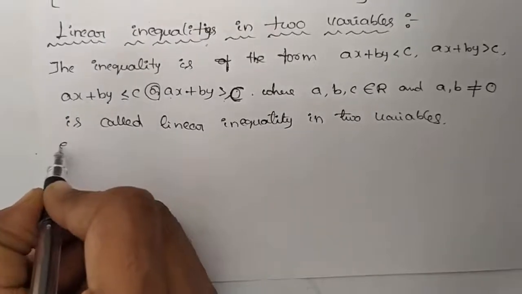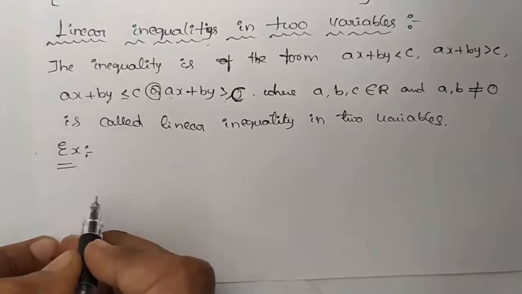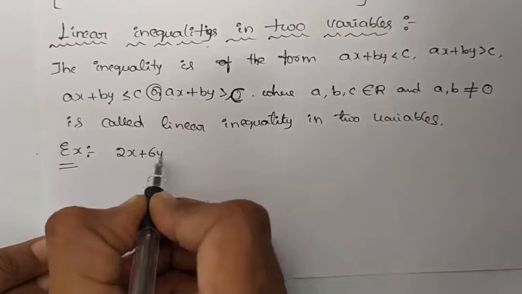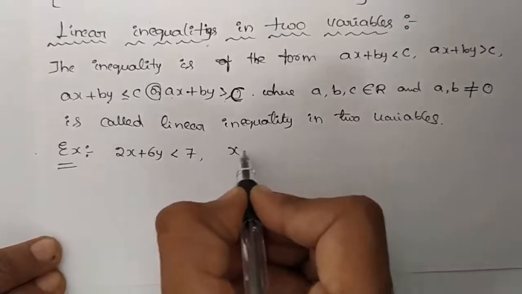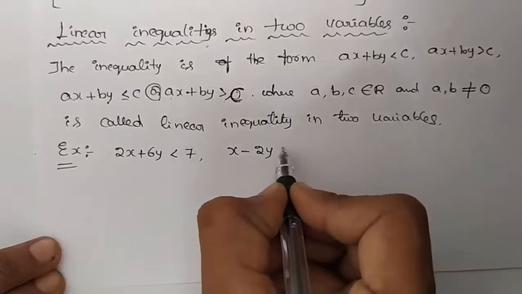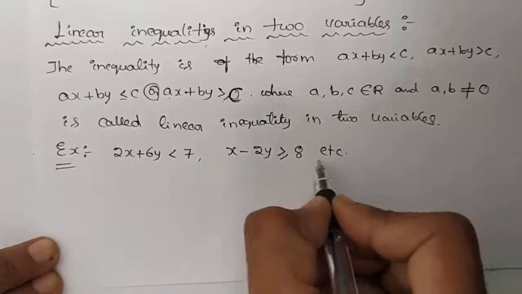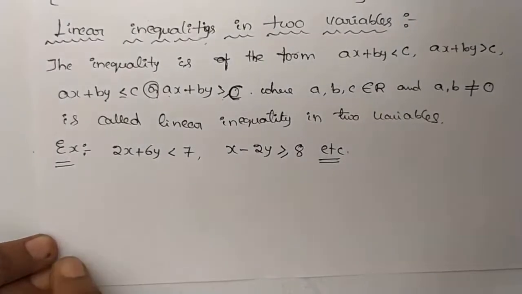If you want examples, you can note down 2x plus 6y is less than 7, x minus 2y is greater than or equals to 8, etc. All these are examples of linear inequality in two variables.